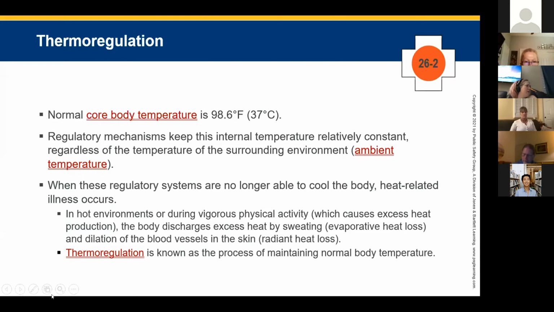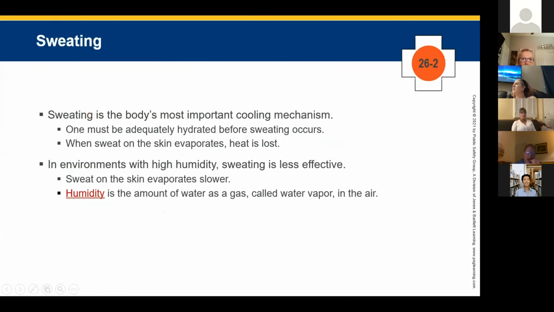Thermoregulation is the process of maintaining normal body temperature, and I think we talked about that one. Sweating is the body's most important cooling mechanism. So when you stop sweating, I think you're in trouble, wouldn't you say? Agreed. That's bad.